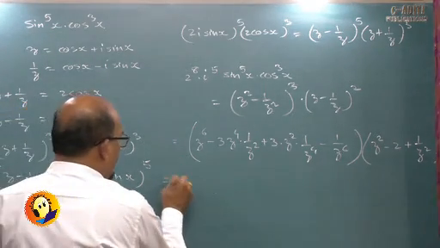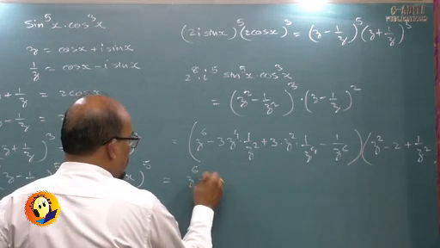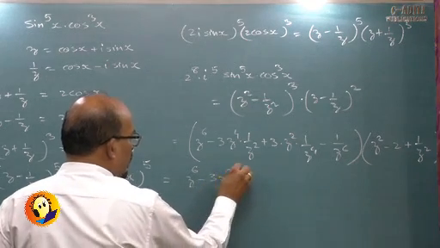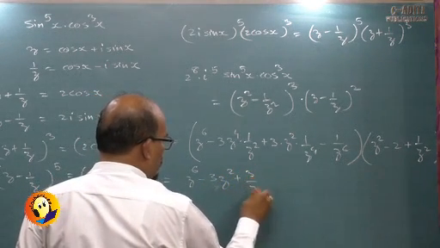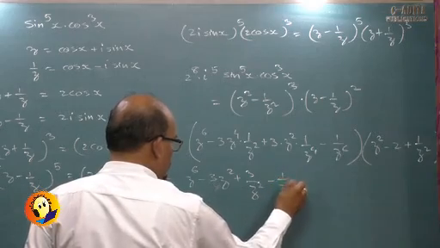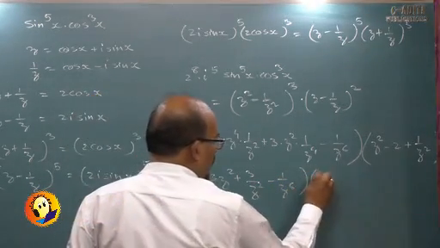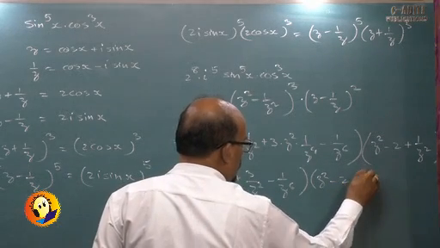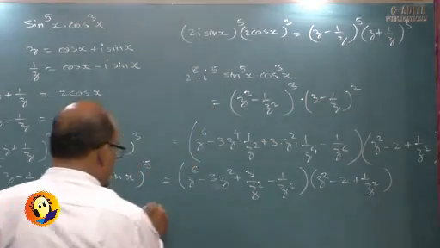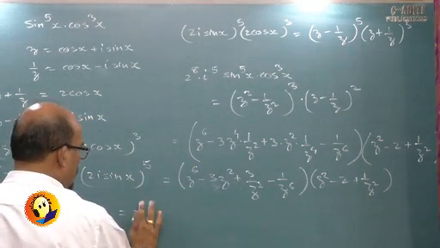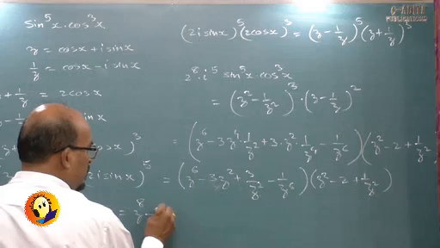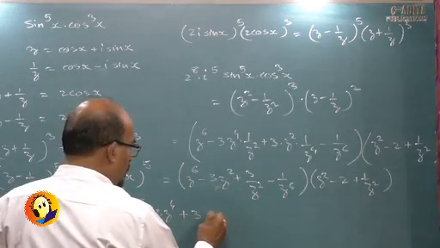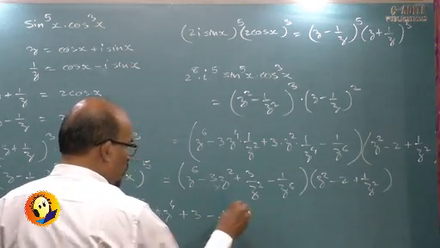So we just simplify it and write it as z raised to 6 minus 3z square plus 3 upon z square minus 1 upon z raised to 6 multiplied by z square minus 2 plus 1 upon z square. So it becomes z raised to 8 minus 3z raised to 4 plus 3 minus 1 upon z raised to 4.